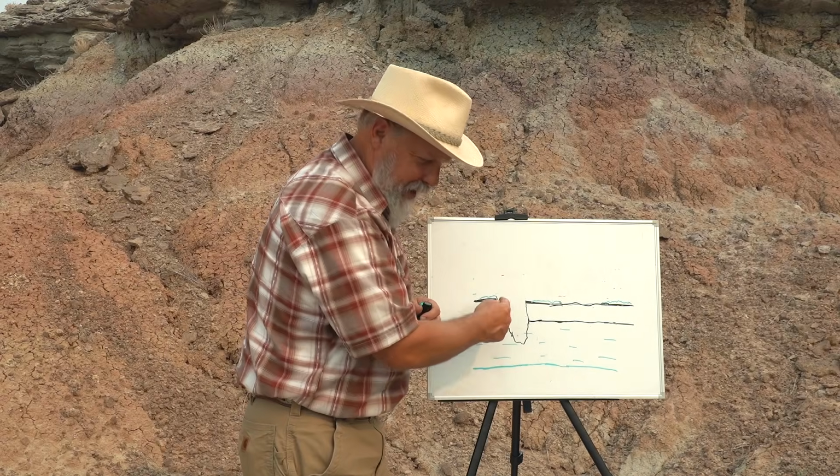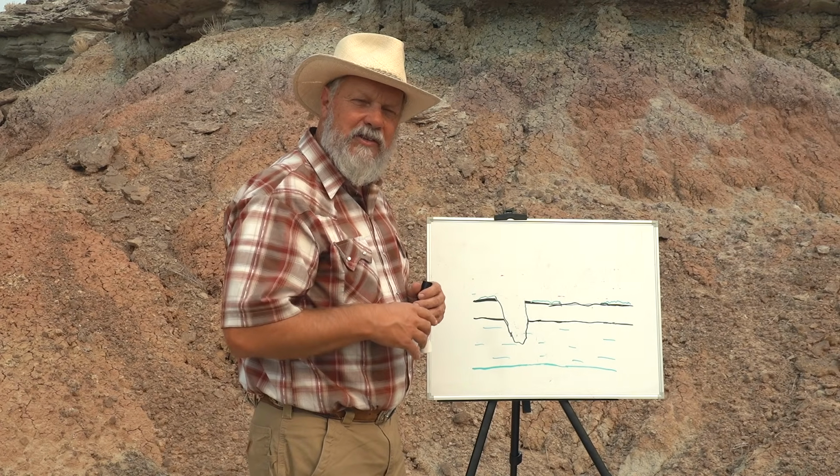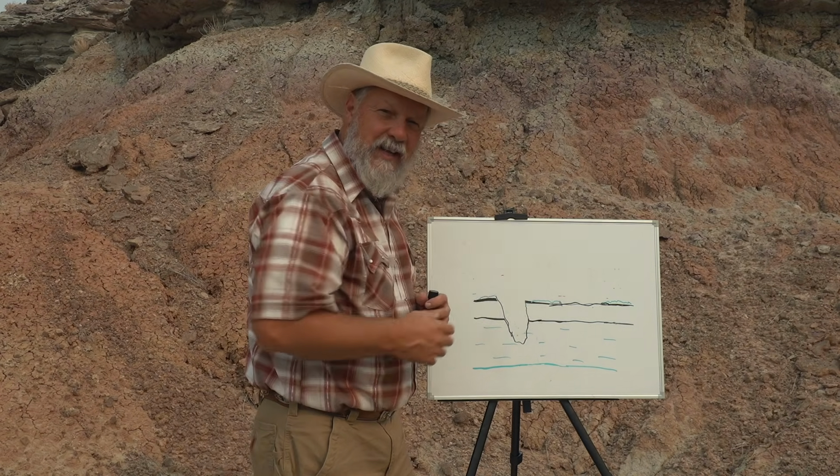Here you get these steep banks and all that you see so often. So I hope that makes it a little more clear. Let's go see some neat effects of this.